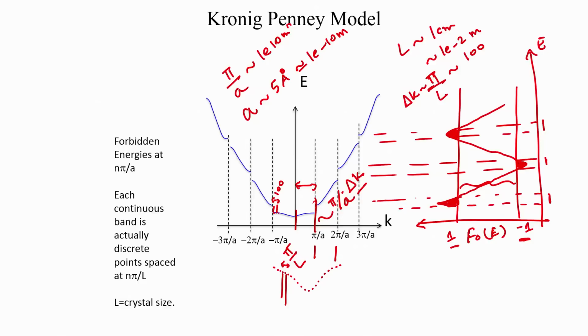And therefore, while this is all 100, we are talking about 1e10 here. So these points are about 1e8 times more closely spaced as compared to these jumps here. And therefore, it appears as though it's a continuous line or continuous bunch of states that the electrons could occupy. So this is the second point to note.